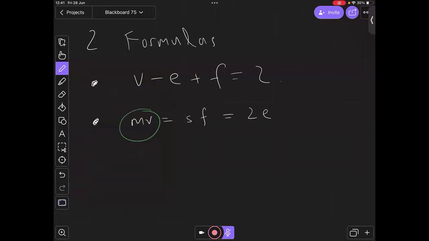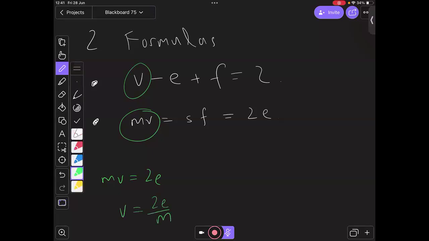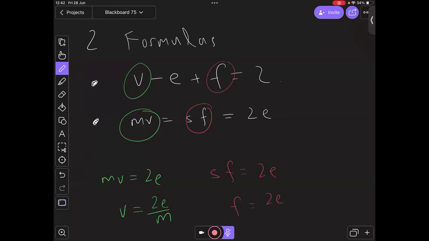If we take the MV here and the V here, we have MV equals 2E, so V equals 2E divided by M. And then I'll use a different color for F. We have SF equals 2E, and that means F equals 2E divided by S. Does that make sense?